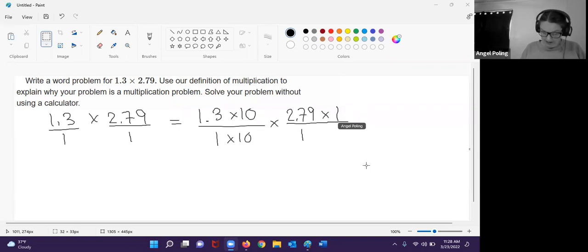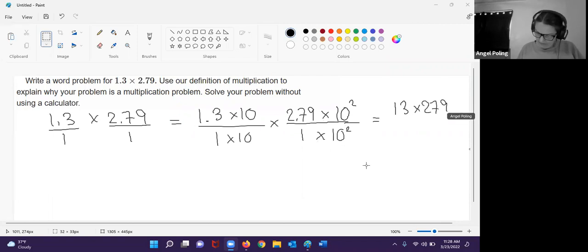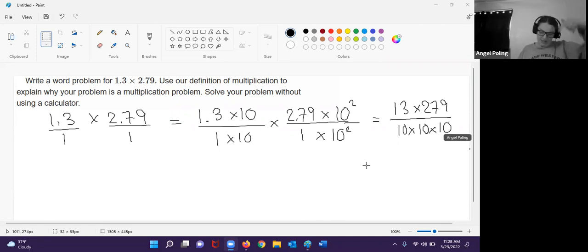We're going to multiply by 100, which is 10 squared. And so we have 10 squared on the bottom as well. And then we get to the point where we have 13 times 279 on the top and 3 copies of the 10 in the bottom, which often is just written 10 to the power 3.